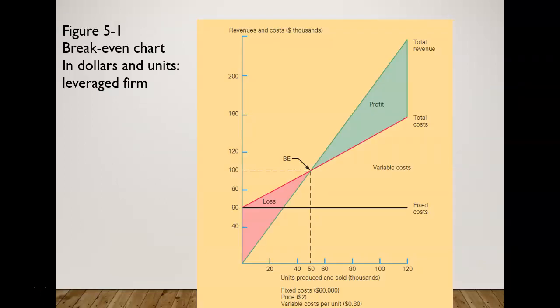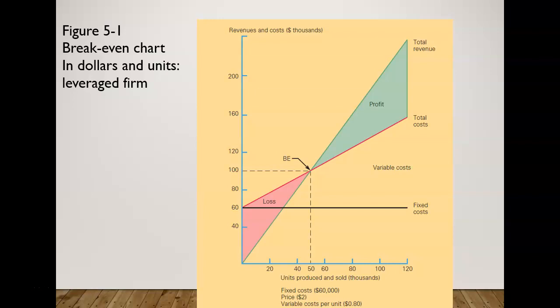From a graphical perspective, here we have our break-even chart. Now, we have revenue or cost on our vertical axis, and on our horizontal axis, we have units produced and sold.